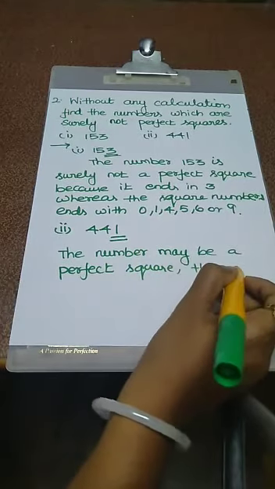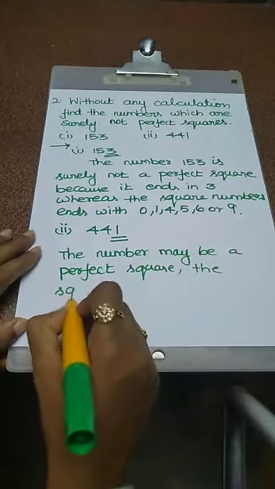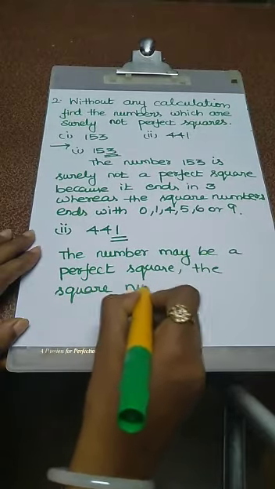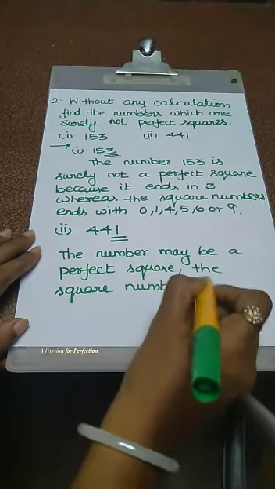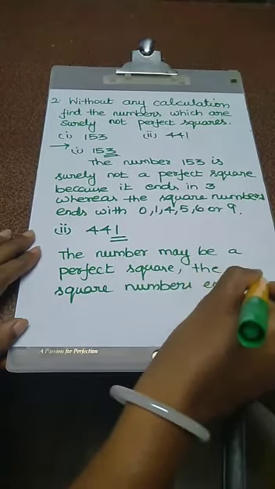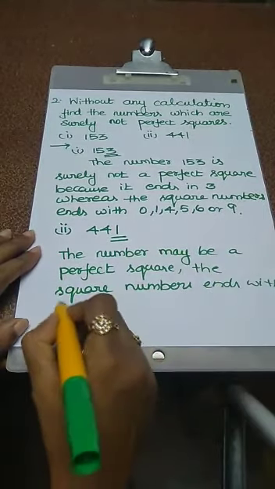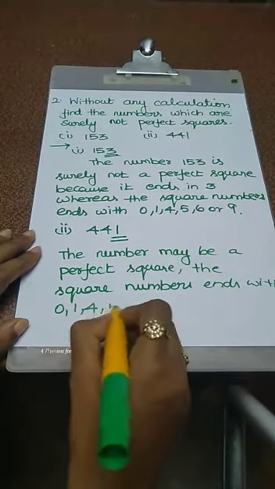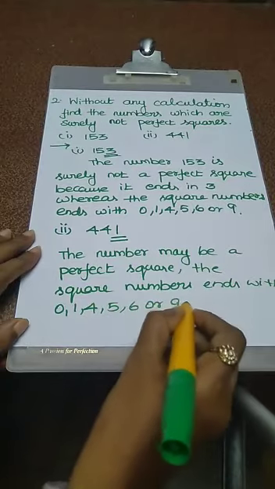Because we know the square numbers end with 0, 1, 4, 5, 6 or 9. That's all.